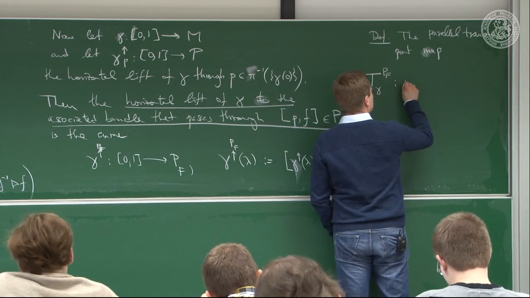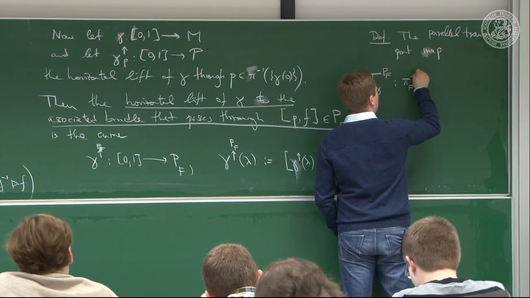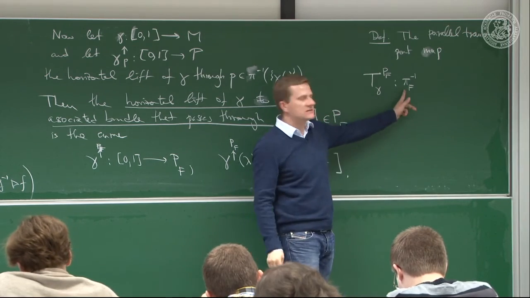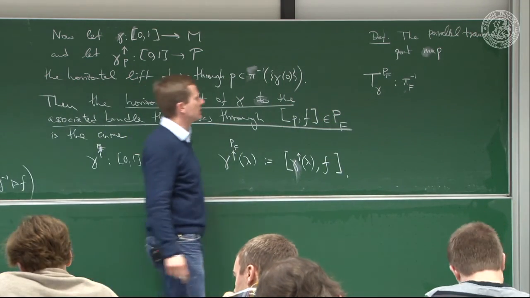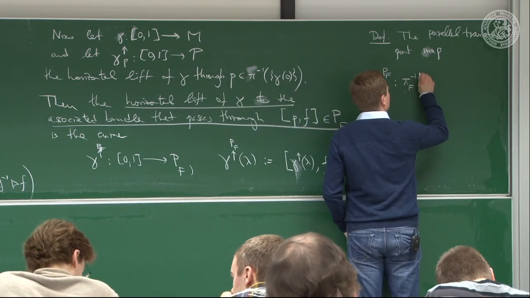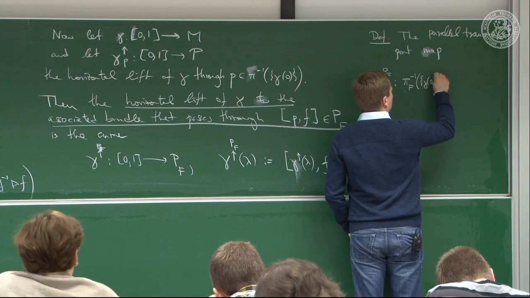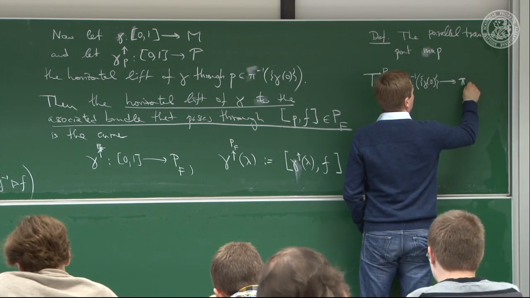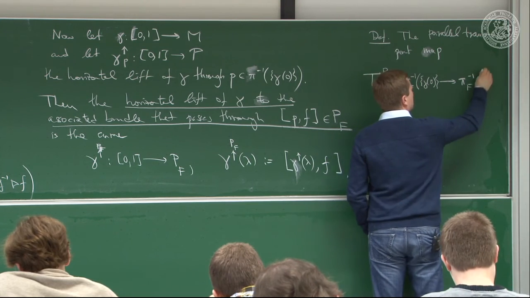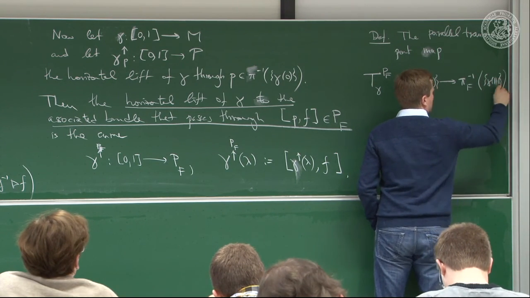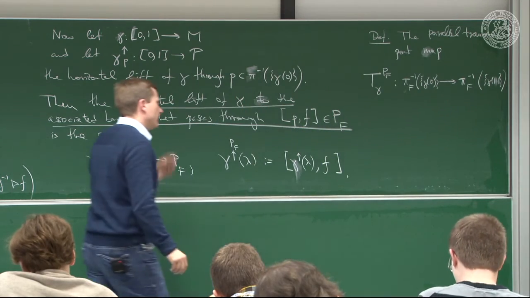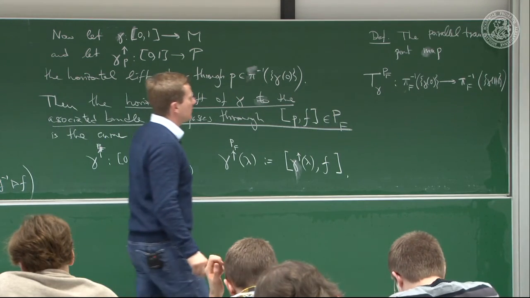It starts in the fiber of the associated bundle, so it's this pi_F pre-image of gamma of 0, and it sends you to the pi_F pre-image of gamma of 1. So it's the initial and the final fiber now in the associated bundle.